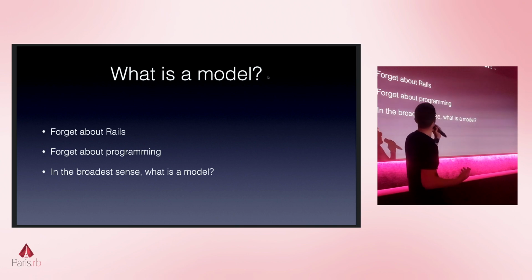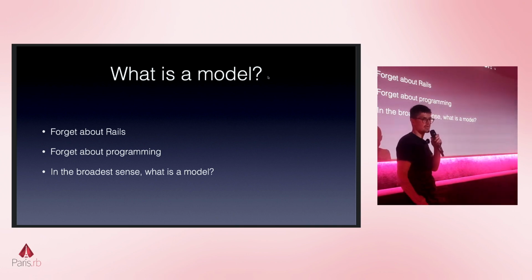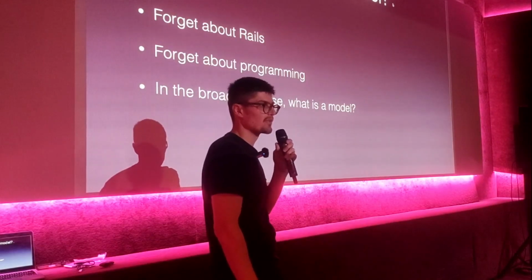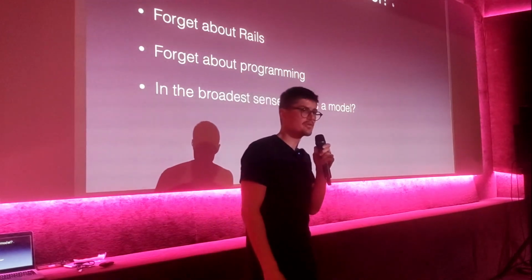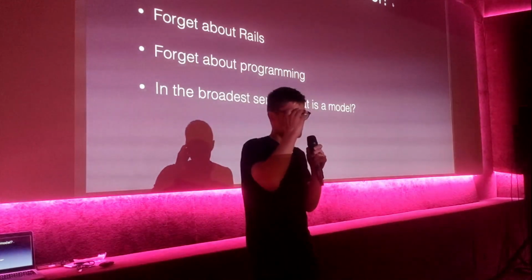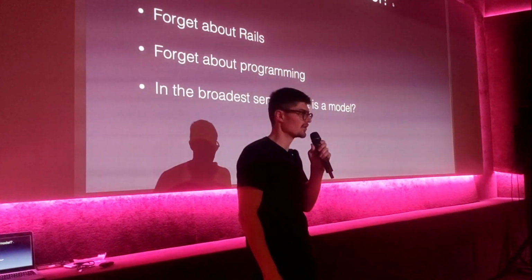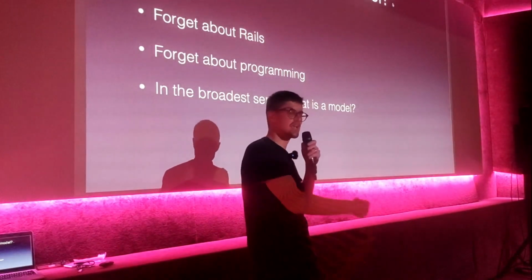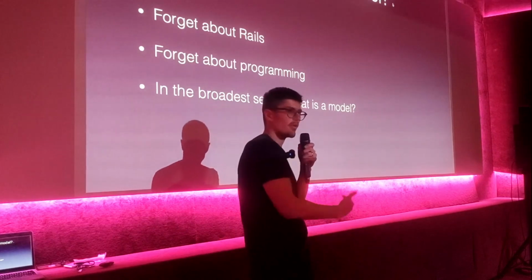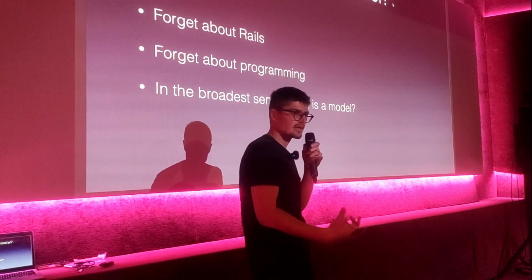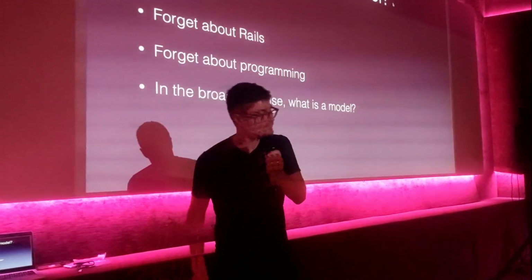So I want to invite you to forget about Rails and even forget about programming, and let's just talk broadly about what a model is, because programmers aren't the only people who use models. Philosophers and mathematicians and scientists all use models. We're taking this really broad, really old idea and just applying it a little more narrowly and specifically.